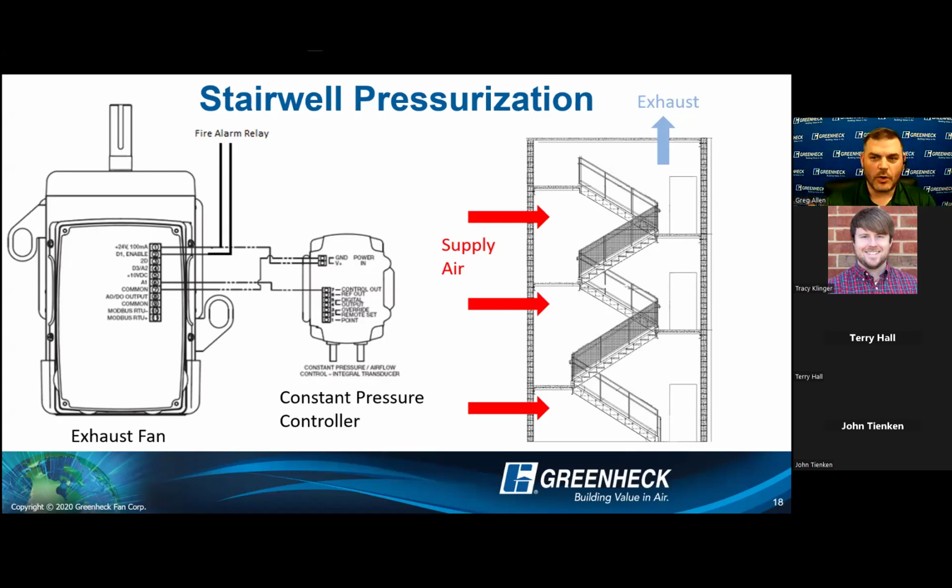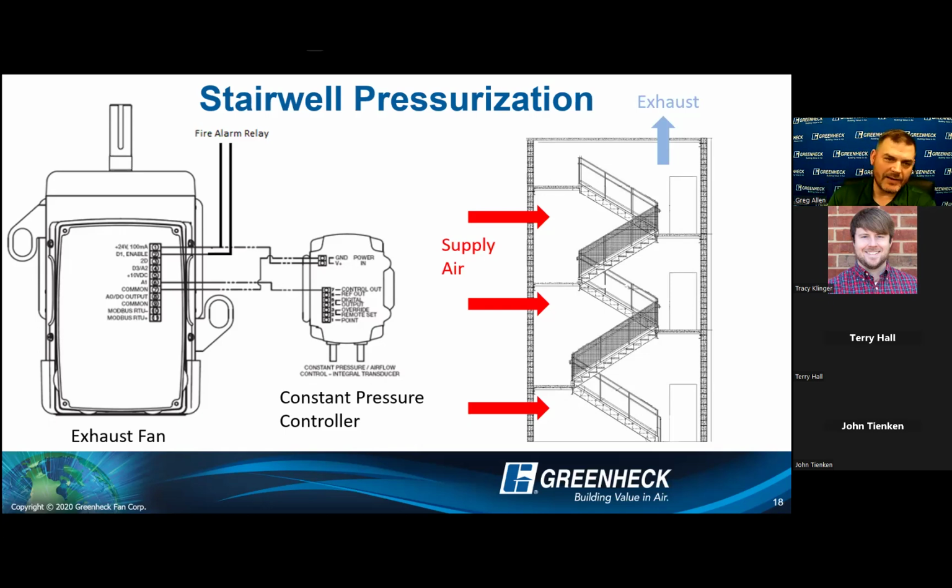So it accepts your input, maintain 0.1, and it outputs a modulating signal. And the neat thing about the modulating signal here is if doors are open or closed, your pressure changes in that stairwell. Well, using a differential pressure transducer or a constant pressure controller, I can recognize that and modulate the speed of my supply or exhaust air to maintain that environment.